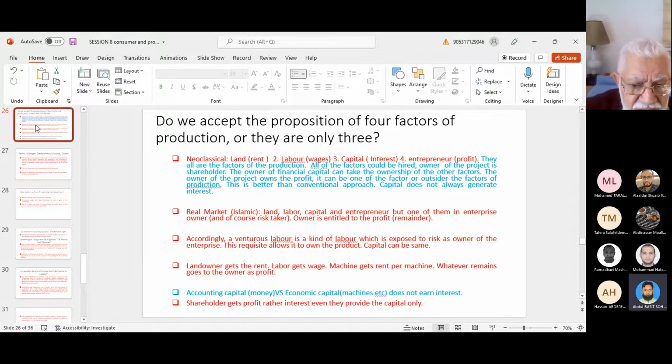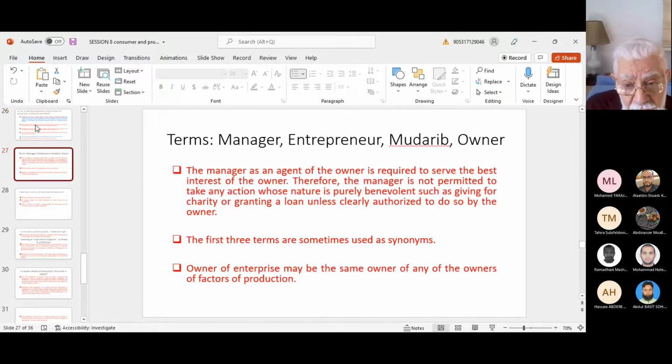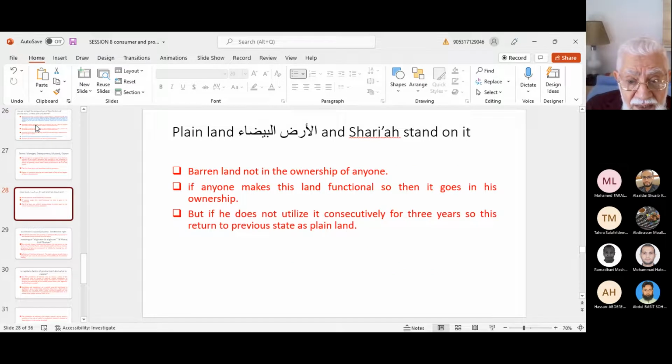Then interest is not a price of money, it is a price of a debt, and has nothing to do with the process of production. You can get money on a debt basis and then hire the four factors of production, right?